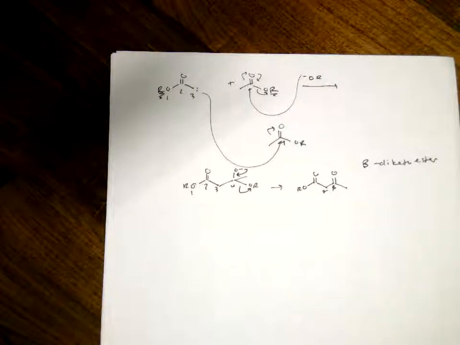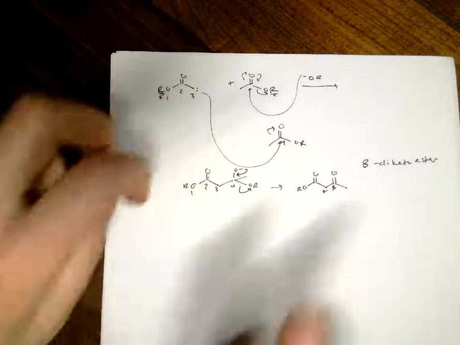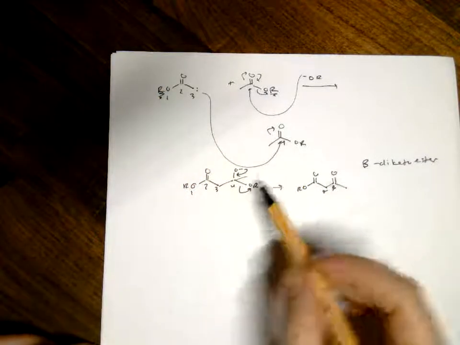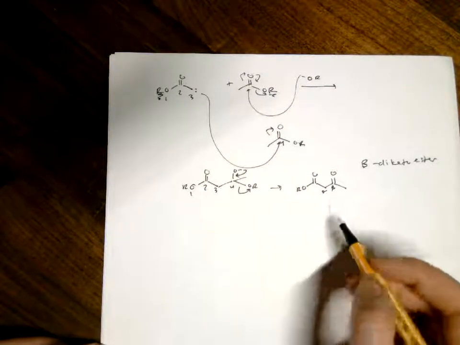And this, you could stop it here and technically get the right answer, but if you're wondering about what the driving force is, because in equilibrium, technically this wouldn't go forward.